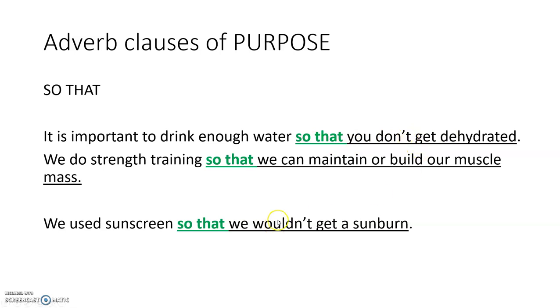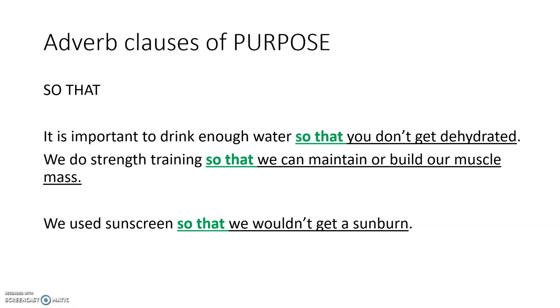We do strength training so that we can maintain or build our muscle mass. You'll see often in the clause with so that, you'll see can or maybe could for past. Maybe will and would are also very common verb forms in that adverb clause.